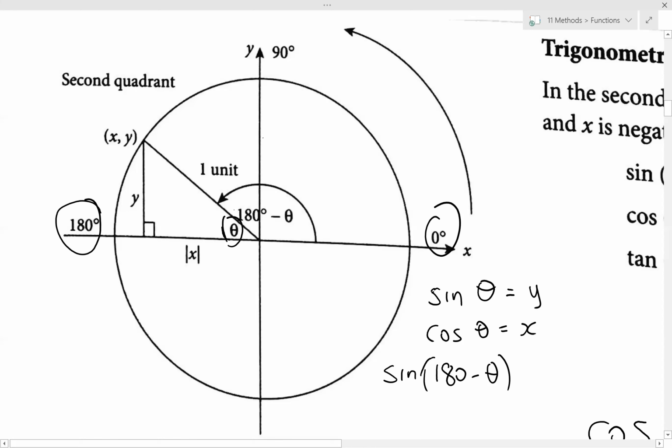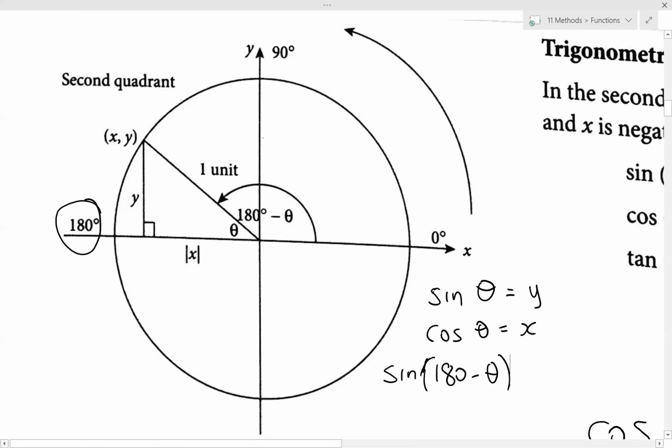But when we're talking about sine, cos and tan, we always refer to the angle that we get when we start at x is 0 degrees. So that's why we can talk about the angle theta here, but in fact when we're writing it and thinking about it, we're actually talking about the sine of the angle that is 180 degrees subtract theta.